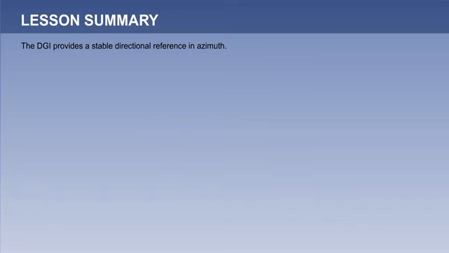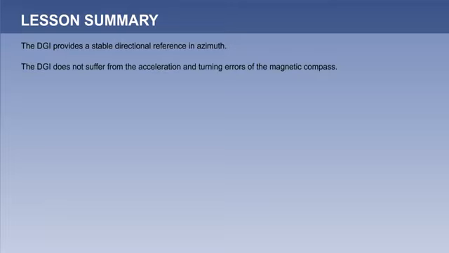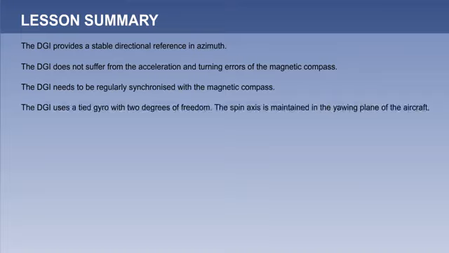The DGI provides a stable directional reference in azimuth. The DGI does not suffer from the acceleration and turning errors of the magnetic compass. The DGI needs to be regularly synchronized with the magnetic compass. The DGI uses a tied gyro with 2 degrees of freedom.